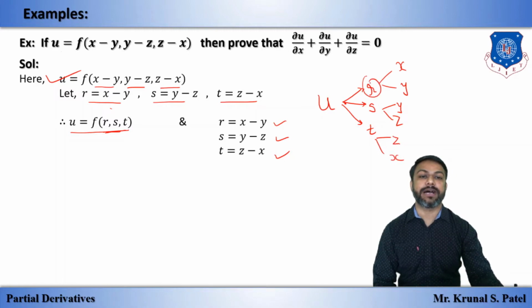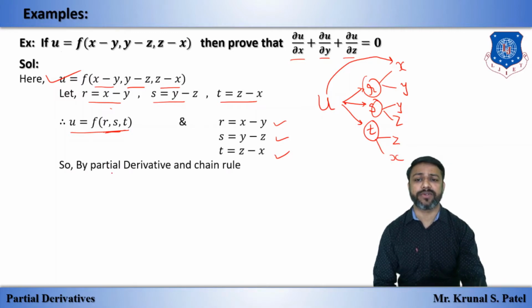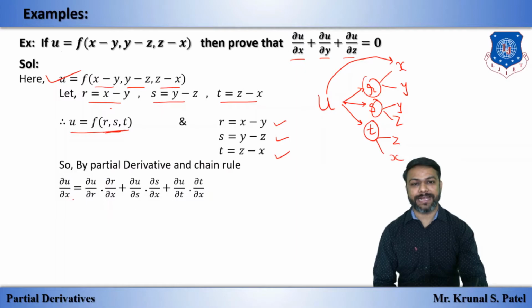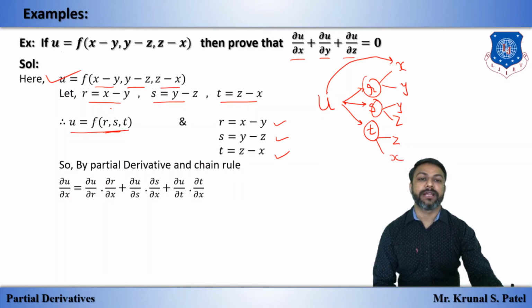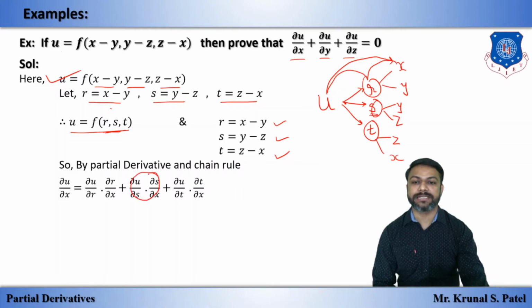So r, s, t are only intermediate variables, and we have to differentiate only with respect to x, y, z, as is also asked in the question. So first we will find del u by del x. For that we will make the chain: del u by del r times del r by del x. Similarly, del u by del s times del s by del x, but in s there is no x, so this term will be 0.